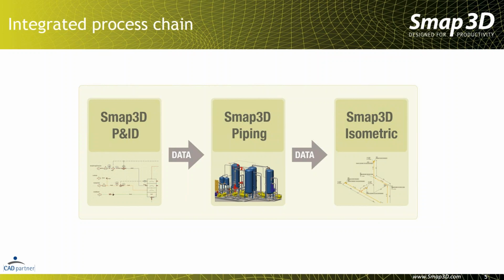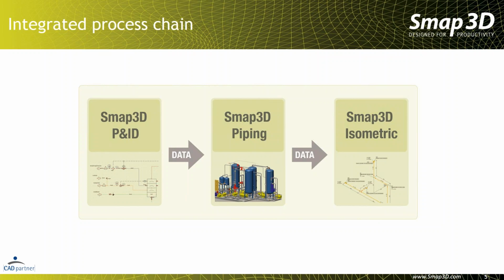The most important part is that all these modules are connected to each other. So if you define, for example, a tank or a vessel or even a pipe run in the P&ID, you can also see this information. It will be transferred to our piping tool, and in the end will also be visible in the isometric.